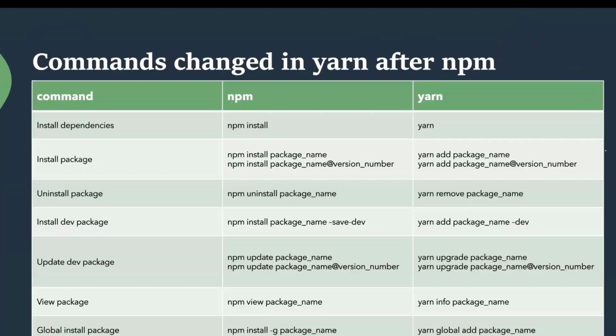Now, these are a few commands where you will see the differences between Yarn and npm. Installation of the dependencies is npm install, and in Yarn it is simply yarn. Installing packages: npm install package name, optionally with @ and the version number.